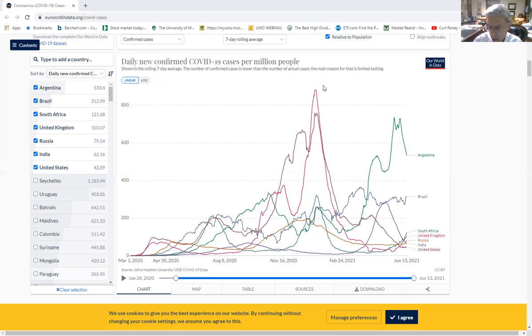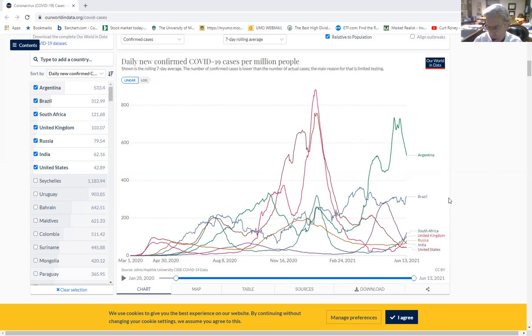So the weekly rate, if you will, per million people. In any event, I'm sorry, it's actually a 7-day average. So it's a weekly average. And we can see that the UK has really had its difficulties.